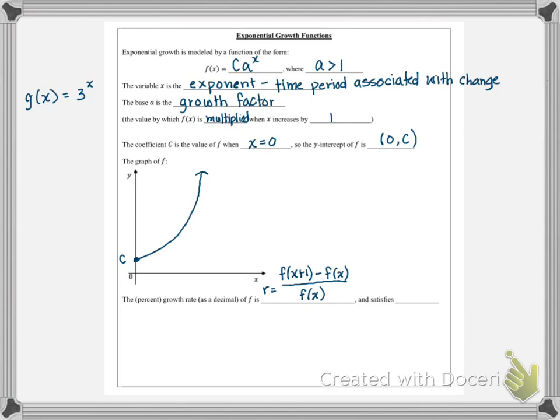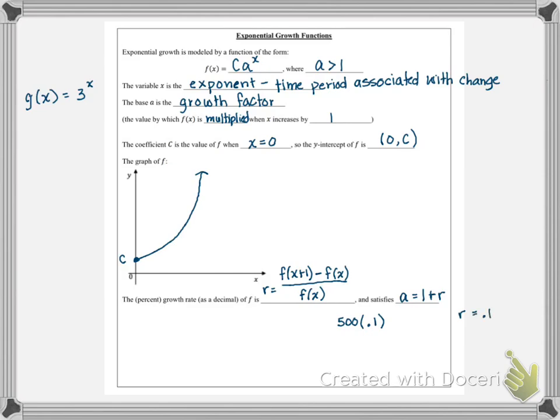And probably more importantly than that, it satisfies the relationship a equals 1 plus r. So again, if monthly my bank account is increasing by 10%, if I started with $500, is that how much money I have in my bank account after a month? It's not, right? That's what was added on. So in this situation, r is equal to 0.1.